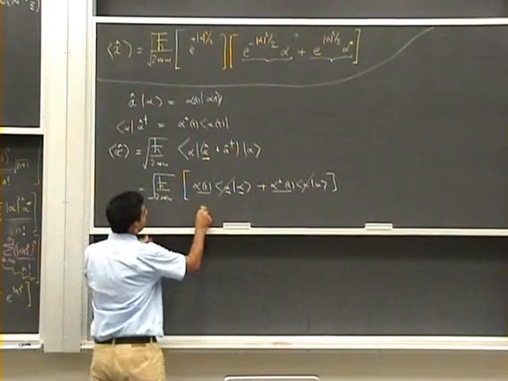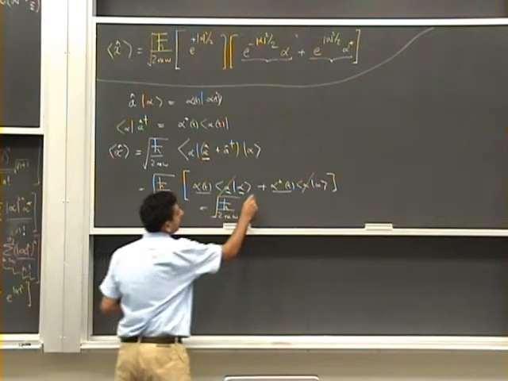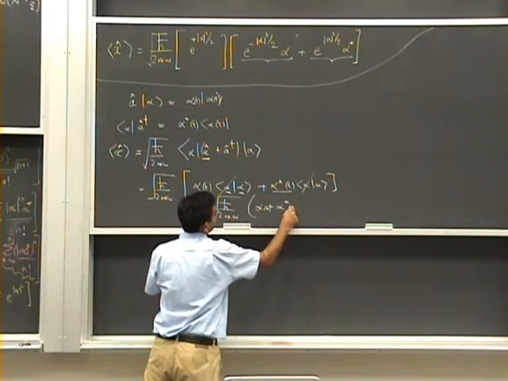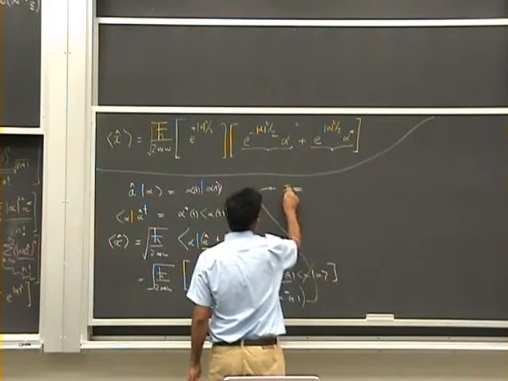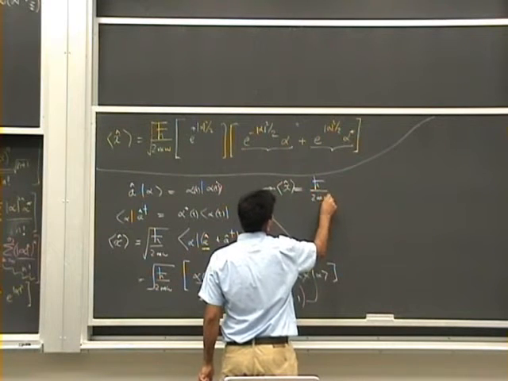So I have ħ over 2mω, α plus α star. And both of these are time dependent terms. So I go here, the expectation value of x is ħ/2mω.